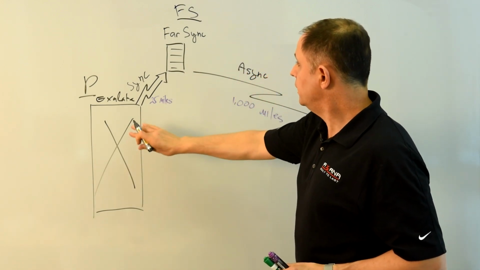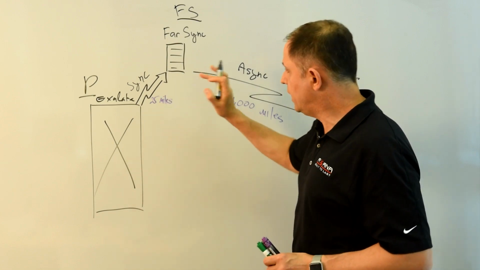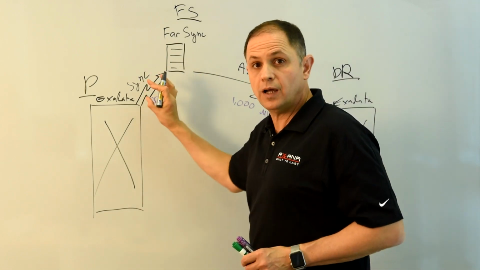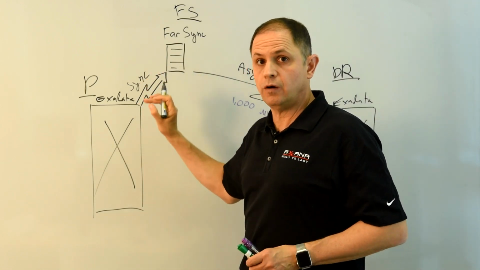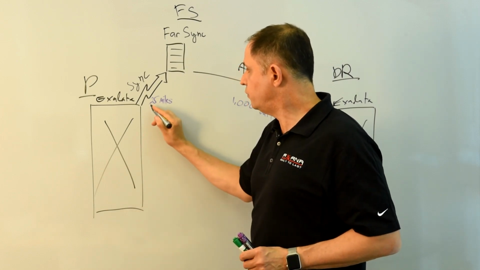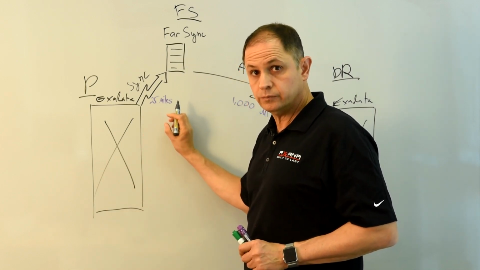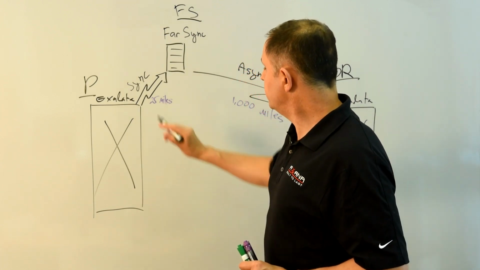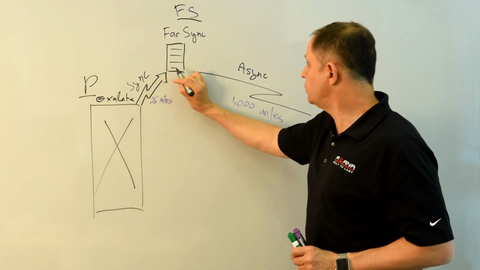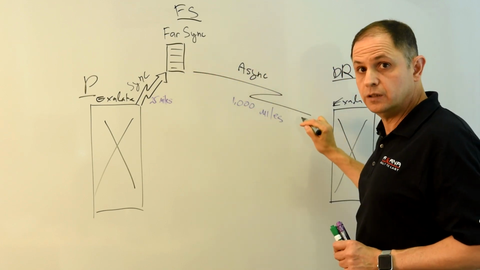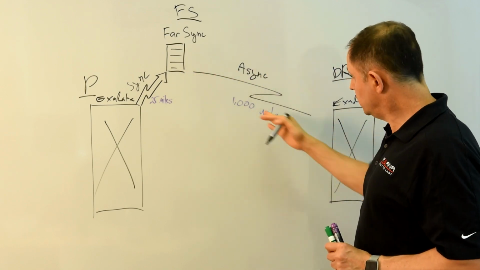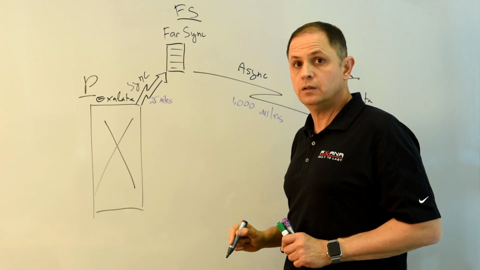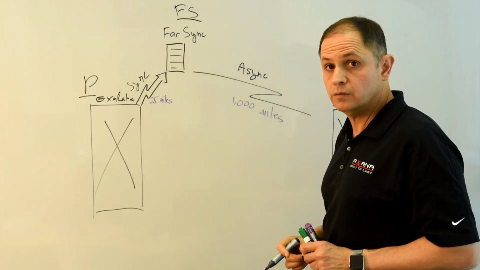For the synchronous replication, you have to have fiber lines of communication, which are very costly. You have to have very short distances, and we'll talk about why that is a challenge. And the FarSync instance will then replicate asynchronously to a remote site, in our case 1,000 miles away, to the standby database.